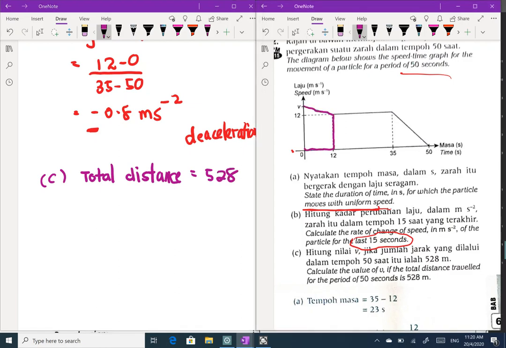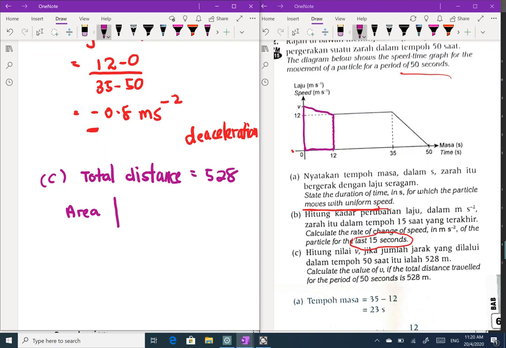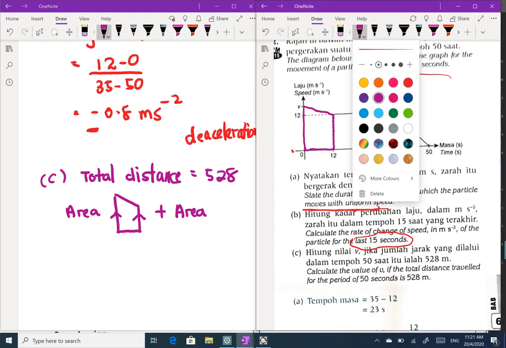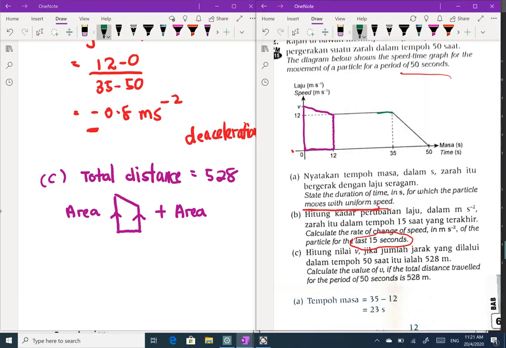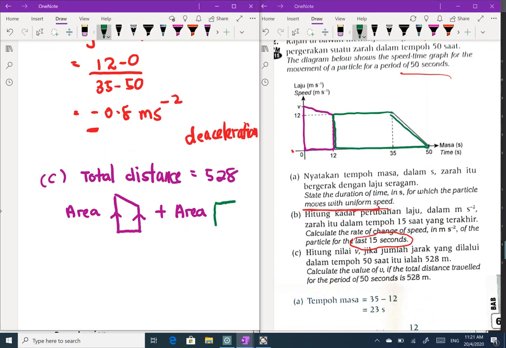One part is the area of this trapezium, this one is parallel, plus the area of the second part, which is this one, trapezium for this one.